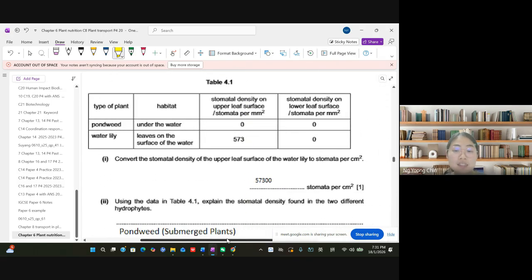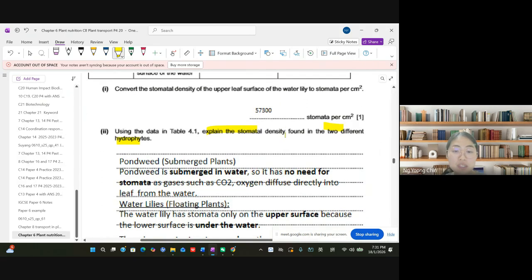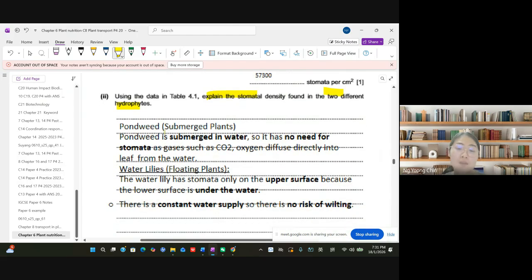So we explain the stomata density found in the two different hydrophytes. Why does pondweed have no stomata at the upper and lower leaf? Because pondweed is a submerged plant, totally immersed in the water, not like the water lily.